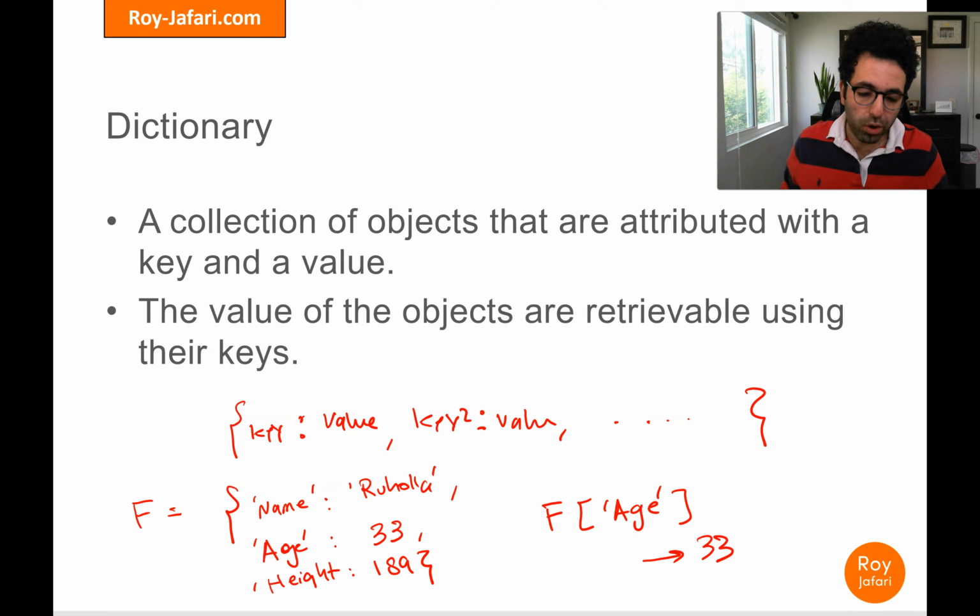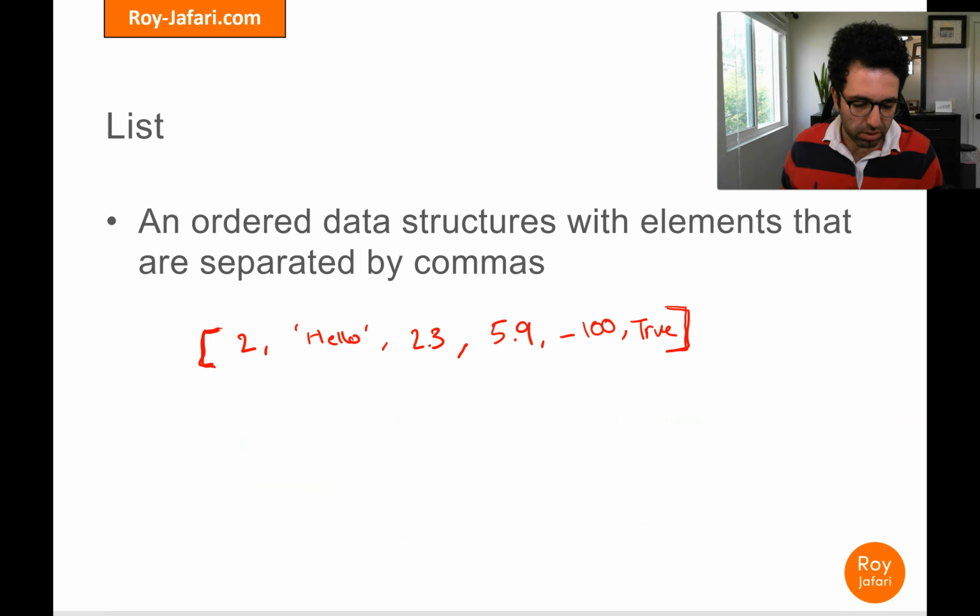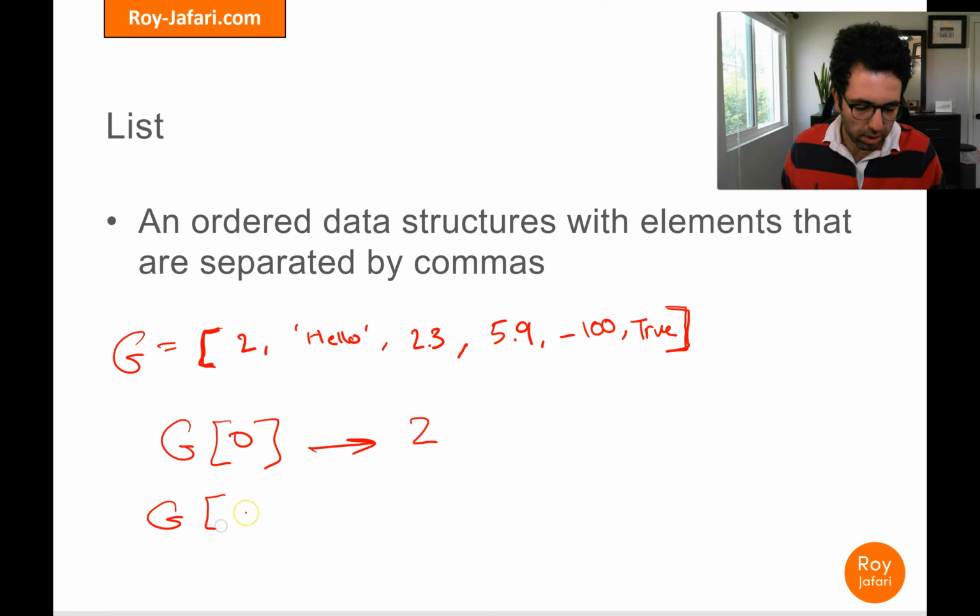So the difference between a list and a dictionary: for instance, in this list, if I give it a name, let's call it G, G0 is going to give you 2. So these are typical indexes. G1 is going to give you hello.